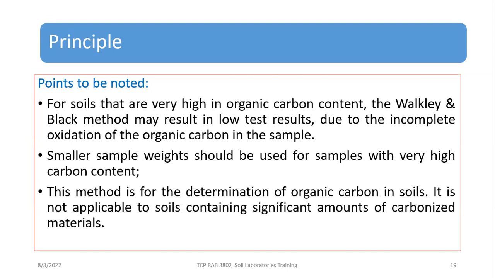In such cases, it is better to use a very small weight or amount of soil, and this will be put in the table. So a smaller sample weight should be used for samples with very high carbon content.